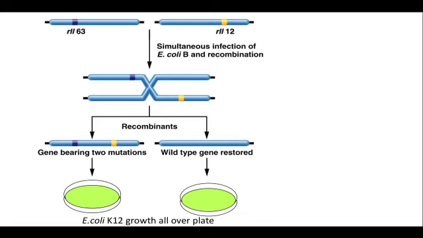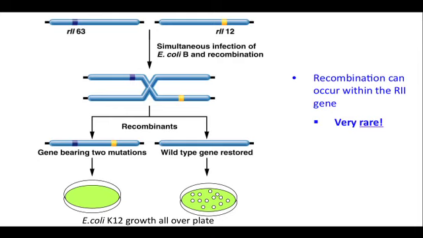It's got rid of both mutations, and when that happens, those phages will now be able to lyse those bacterial cells, burst open and kill them, and go on and infect other bacteria, burst them open and kill them, and what you will see is little clear patches. It restored the ability to have little clear patches, and that is a really, really easy thing to detect, and it allowed him to detect these incredibly rare intragenic or within gene recombination events.